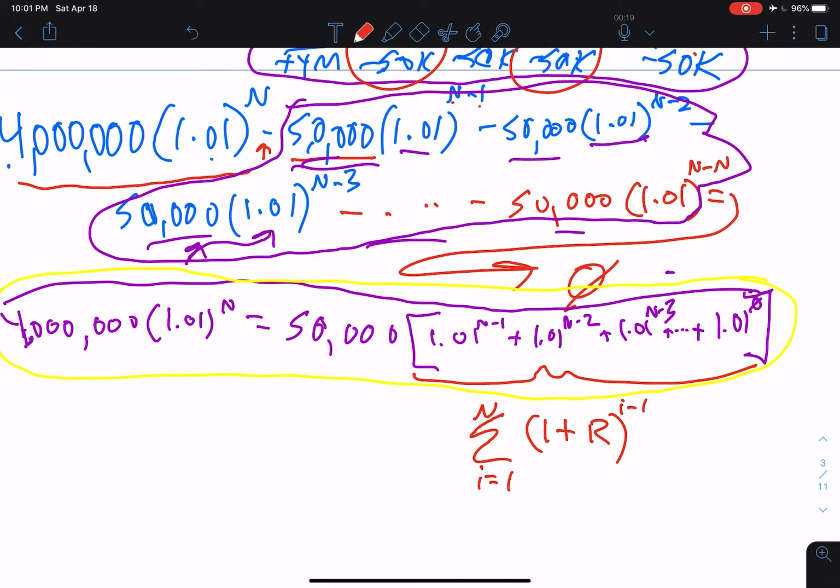And if you remember back in that video where I was explaining the future value interest factor for an annuity in great detail, that's what this is. This is the FVIFA formula. We can't work with all those plus dot dot dot pluses, as you'll recall.